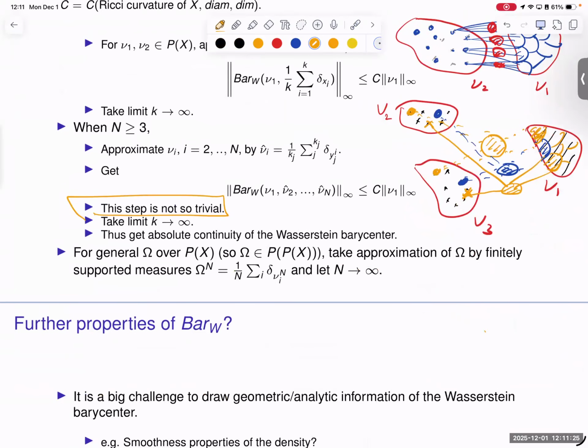You have x1, x2, and x3 that are matched. So this partition set means these points are matched with this particular x2 and this particular x3, like here.